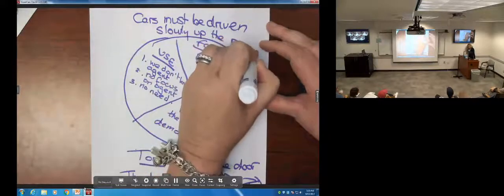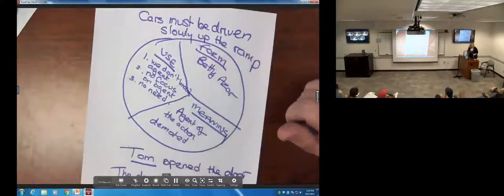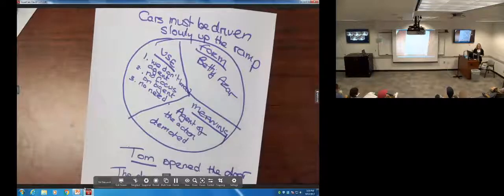Sometimes you'll see something like that. You're not going to say "drivers must drive cars slowly up the ramp" because it's obvious that it's a driver driving the car, right? Although possibly less obvious once we have self-driving cars, but then it would be, cars, you must drive yourself slowly up the ramp. But anyway, right now something like that just means you don't need "cars must be driven slowly up the ramp by the driver." It would be a complete waste of time.